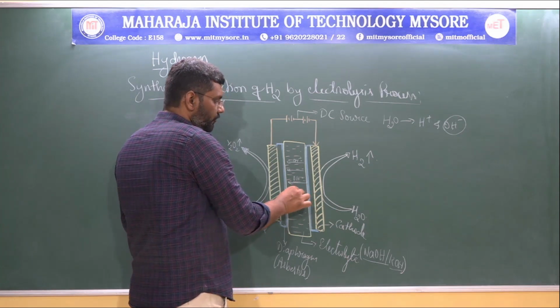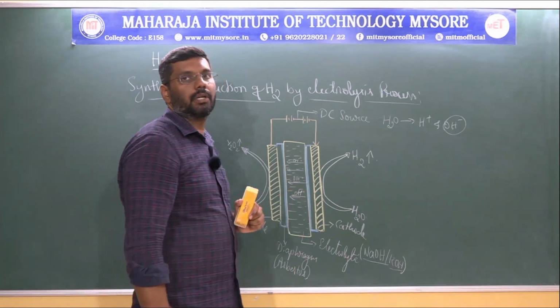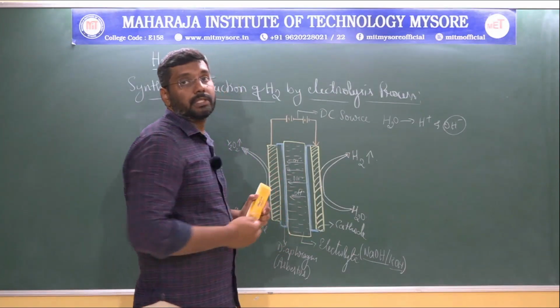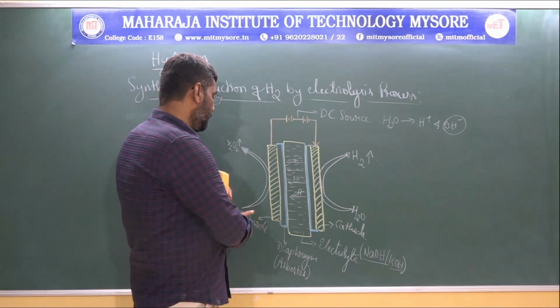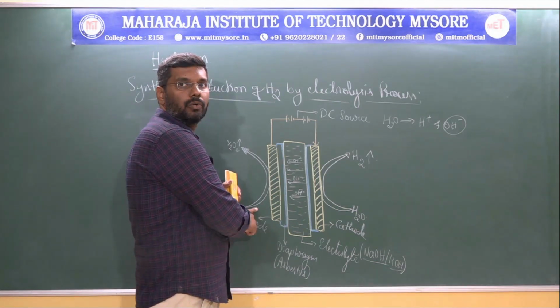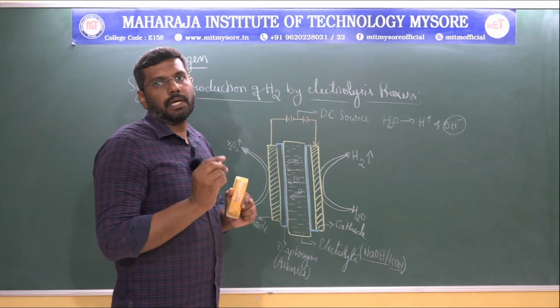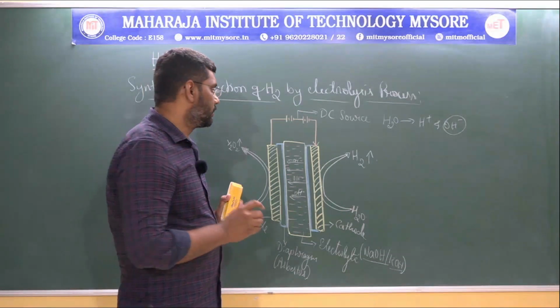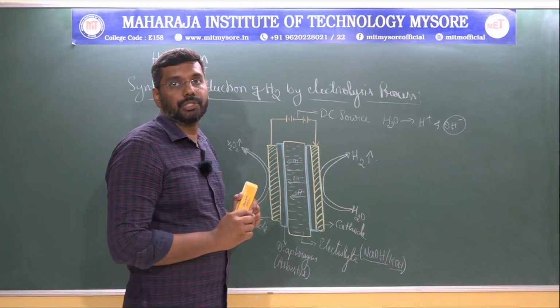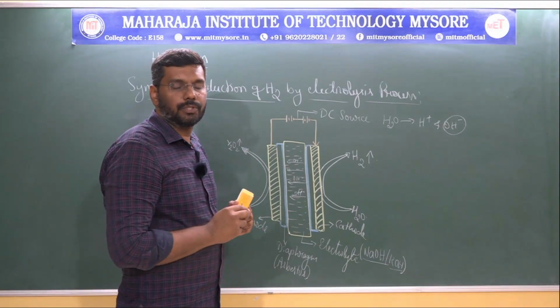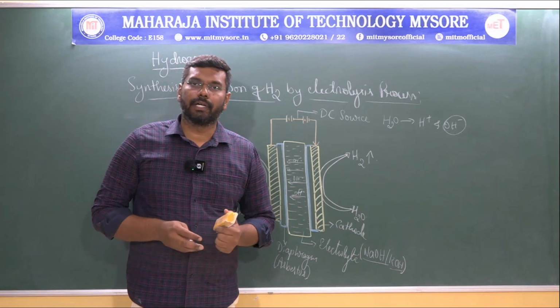Due to the presence of the asbestos diaphragm, it allows only OH minus to diffuse towards the anode, and here OH minus will undergo oxidation with release of oxygen as the product. So this is a simple construction of the alkaline electrolysis process used for the production of hydrogen.